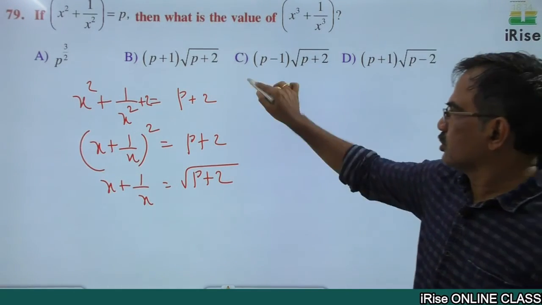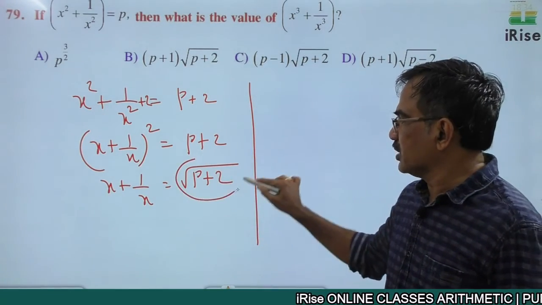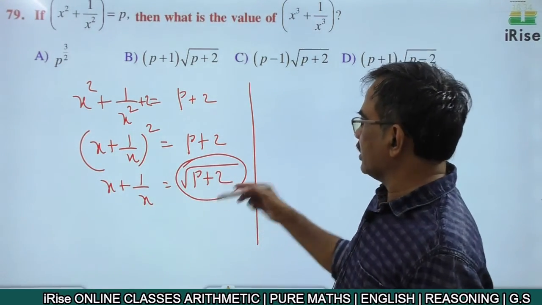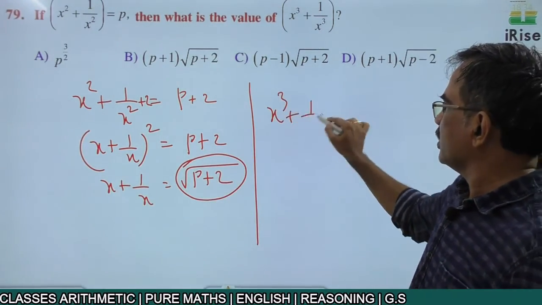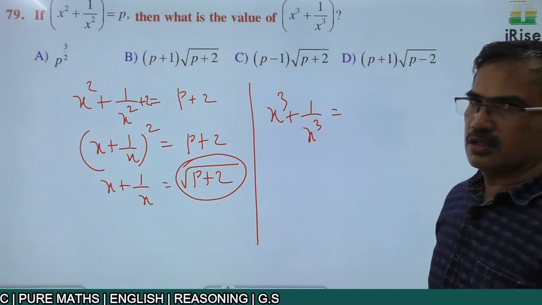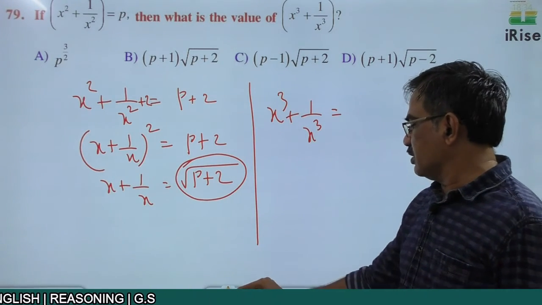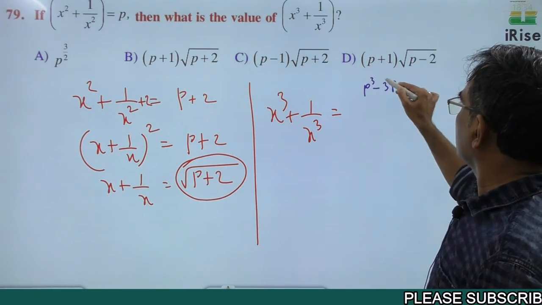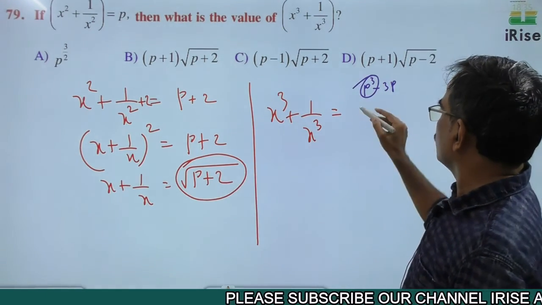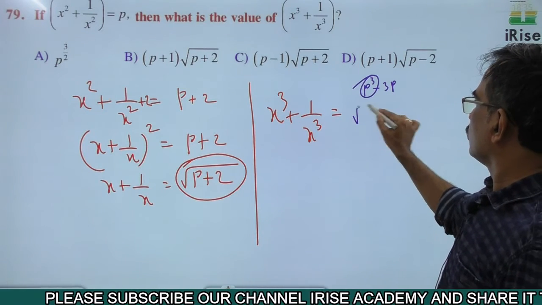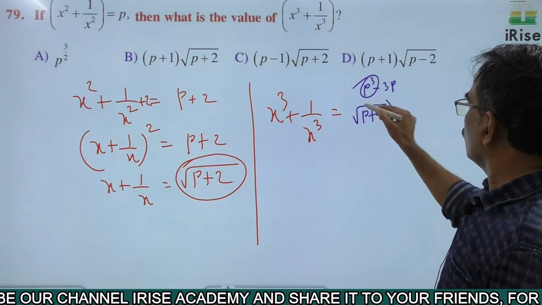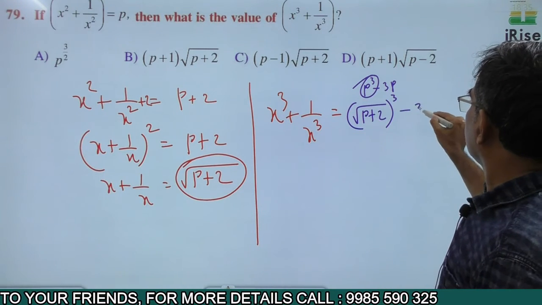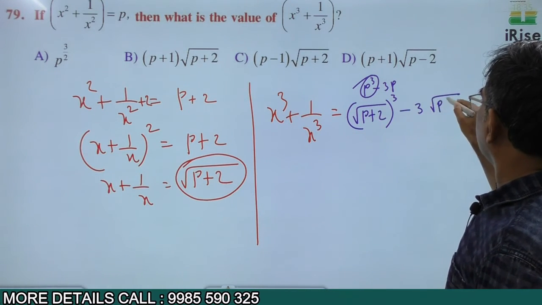Okay, so I want to consider this as p. If x plus 1 by x is p, then x cube plus 1 by x cube is nothing but p cube minus 3p. Here, p is root of p plus 2. So root of p plus 2 whole cube minus 3 into root of p plus 2.